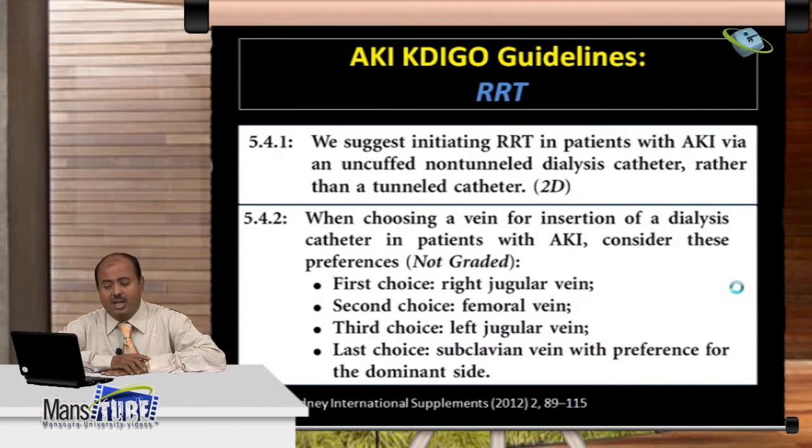And when selecting the vein for insertion of a dialysis catheter in patients with AKI, consider these preferences. First choice, right internal jugular vein. Second choice is femoral vein. Third choice, left jugular vein. And last choice, subclavian vein, with preference for the dominant side.